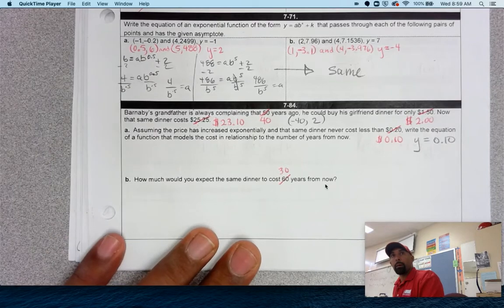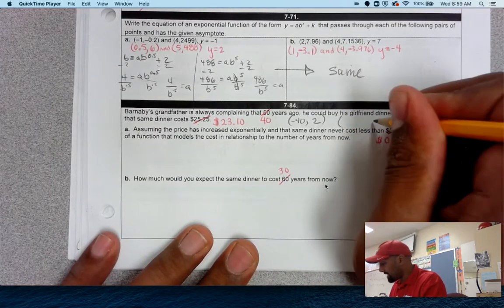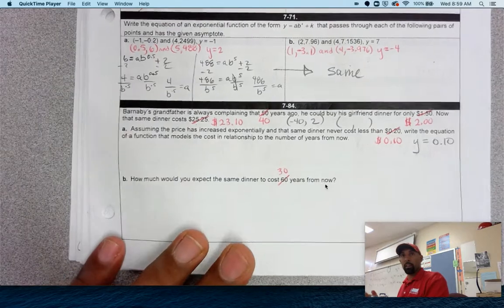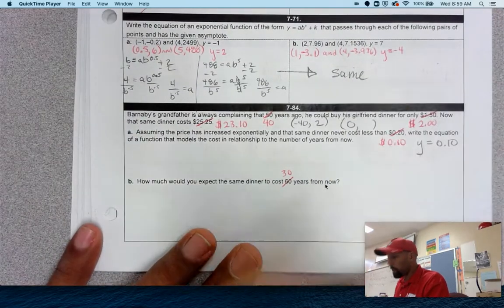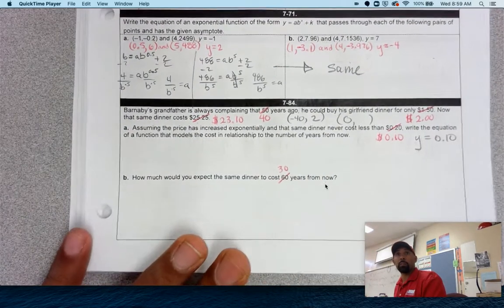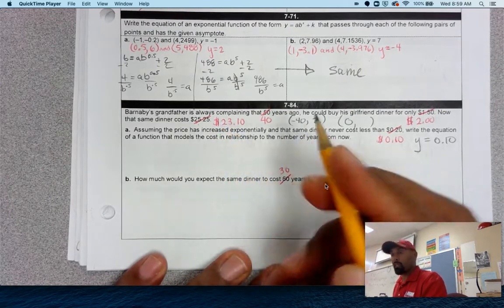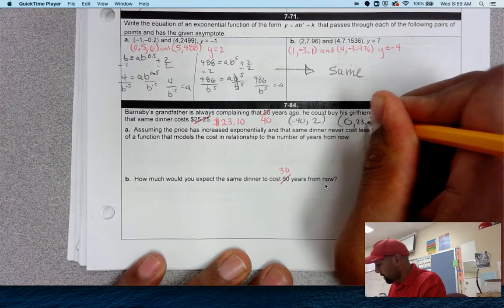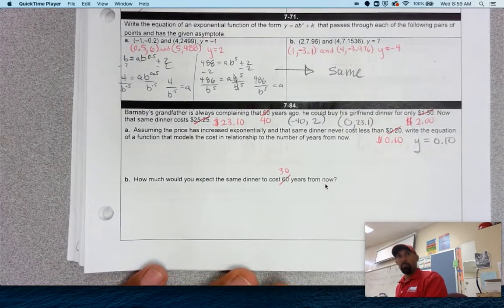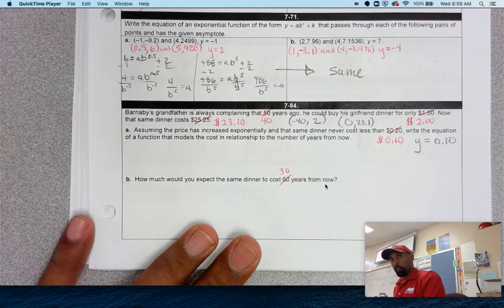My second point is today, and remember, today is our starting point, and then we're working backwards. Today is 0, so we're considering today our 0 day. And then the y value, which is the cost, is 23.1. I'm just dropping those zeros off because I don't need them right now.